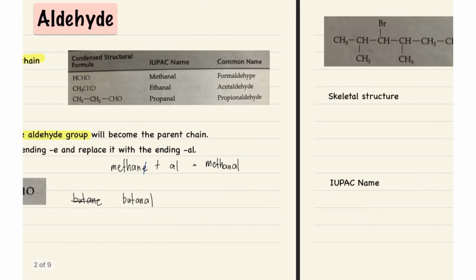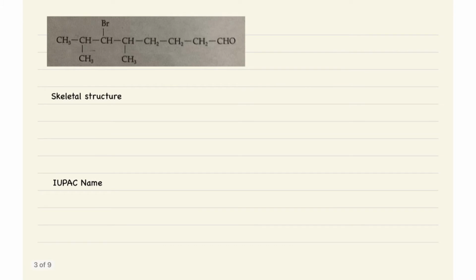Now, let's proceed to have more examples. So for example, we have this figure. The first thing we do is locate the largest chain containing our aldehyde group with the CHO. Where here is the CHO? Okay, very good.